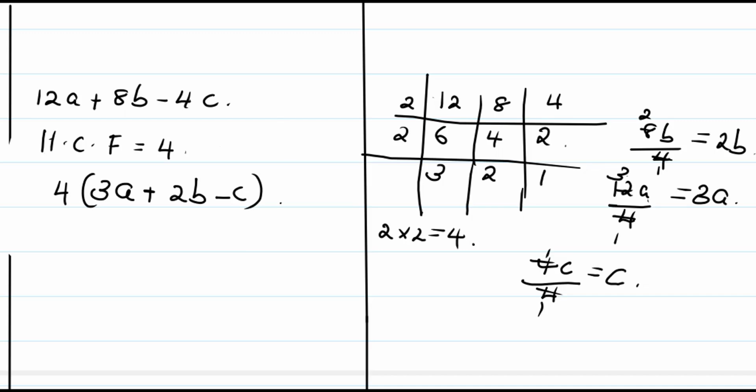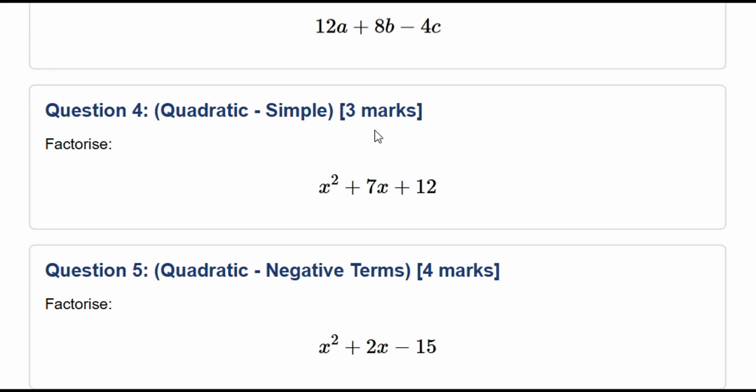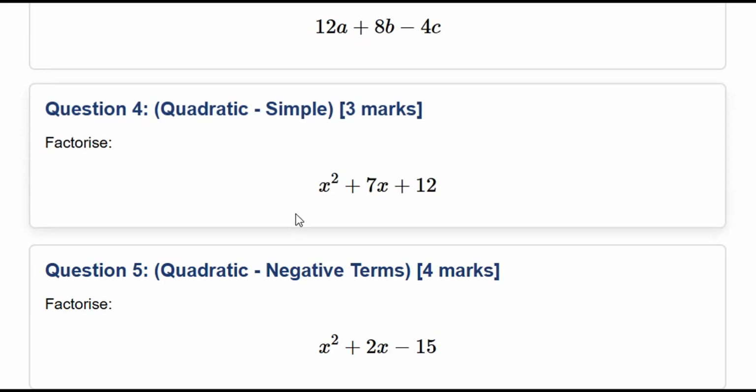So can we try to solve a more complex question 4? In question 4, you are told to factorize a quadratic expression, which is x squared plus 7x plus 12.